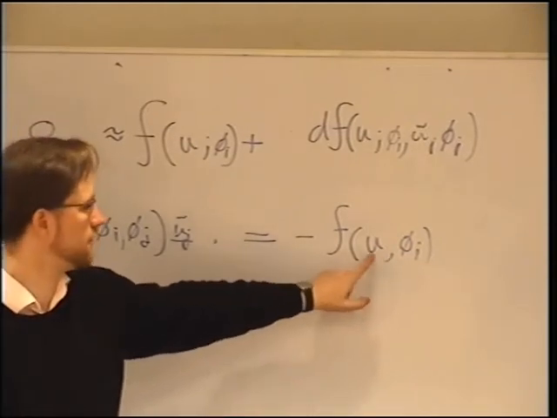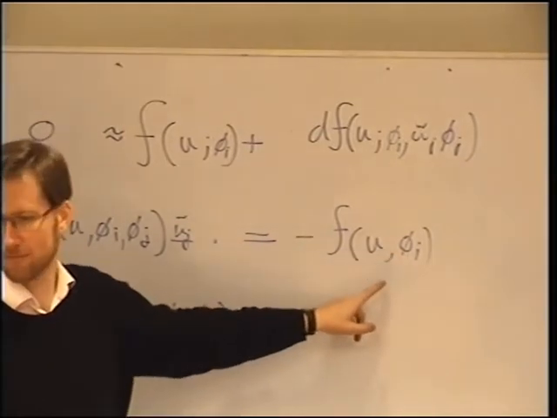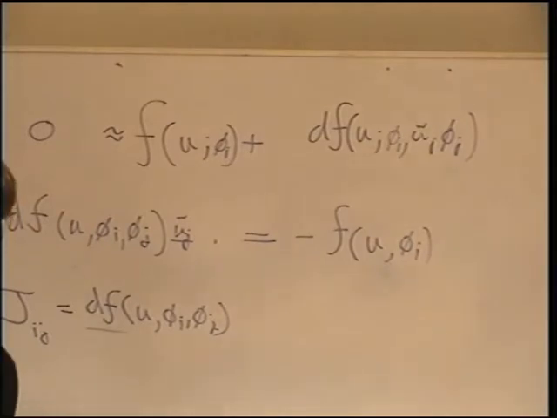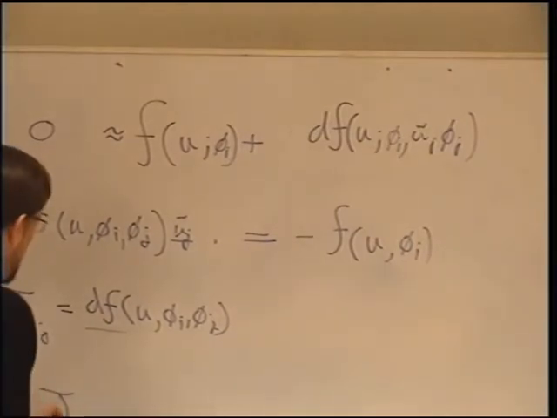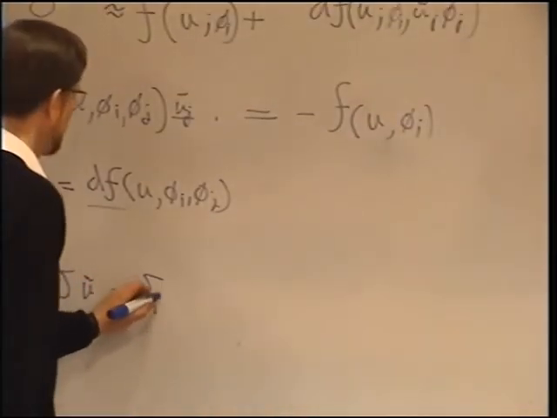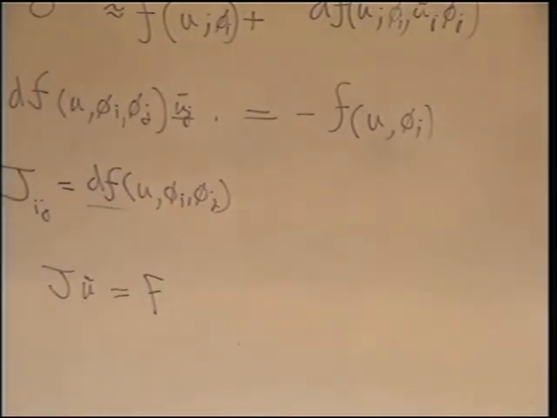There's one fixed point here, so each phi i choose, I get a number. So I get a complete set of things over here. And so what we've got is J U tilde equals F, where F is the vector that I've got from there.